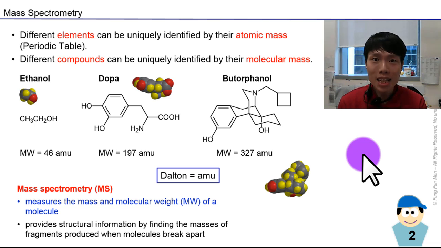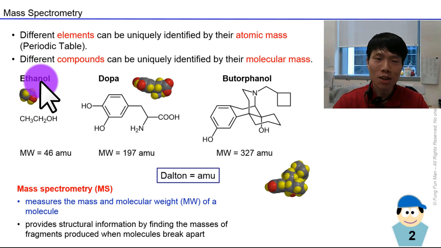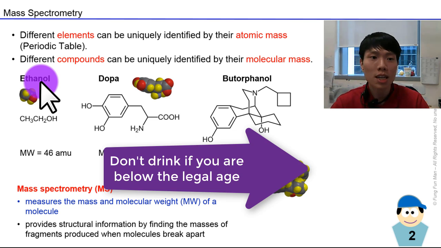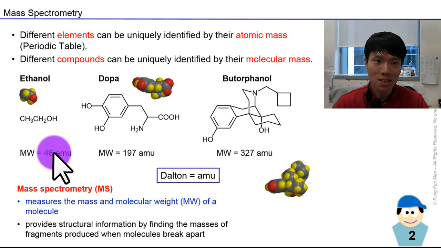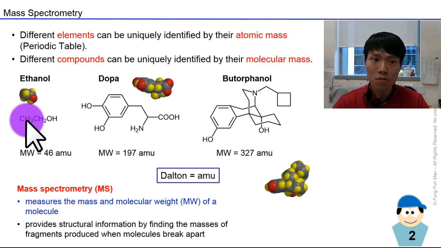So different elements have different masses, and different compounds will have different masses. Take a look here: ethanol, the simplest kind of alcohol, the one that's safe for consumption. Maybe you're underage, don't drink. It has a molecular weight of 46, from the addition of carbon 12, hydrogen 1, oxygen 1.